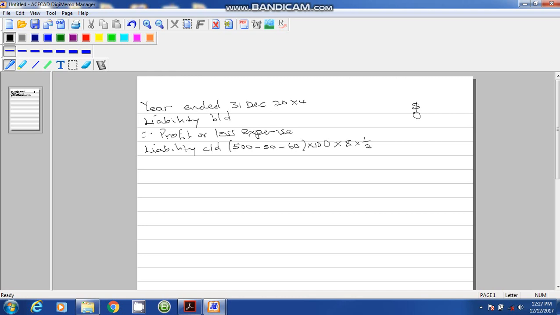This vests in 2 years, so 1 out of 2, the expense for this year, to give us a closing balance of 156,000. 156,000 minus 0 opening balance gives us the expense for the year, 156,000.